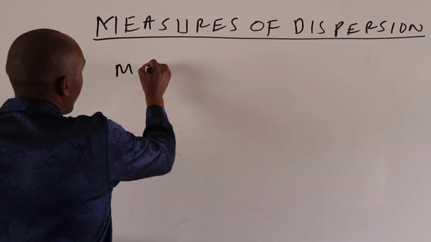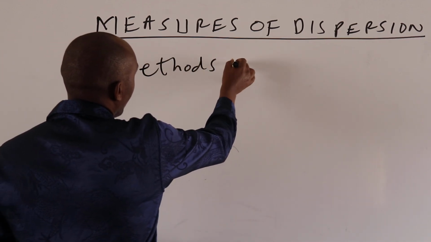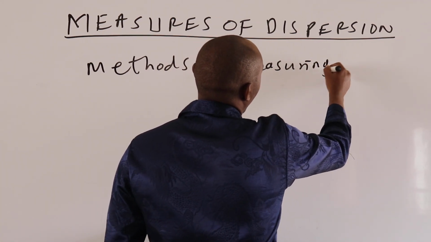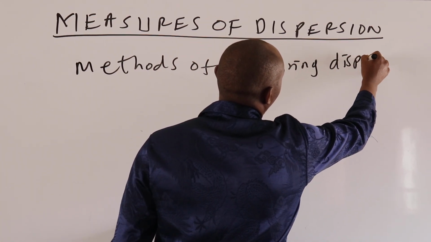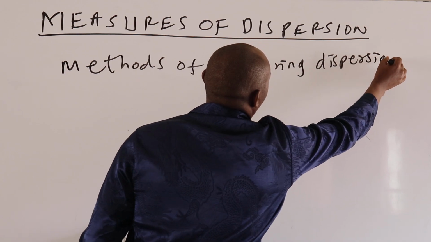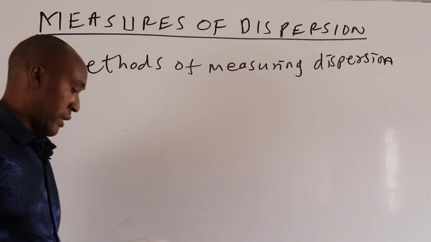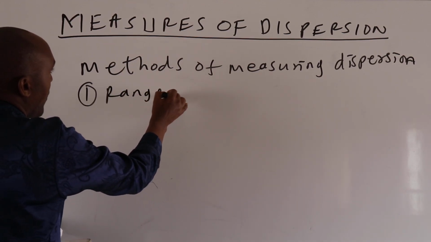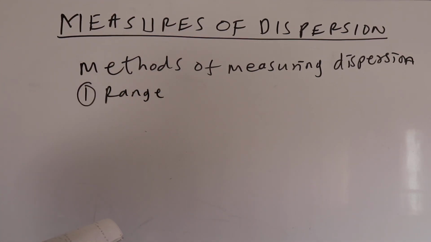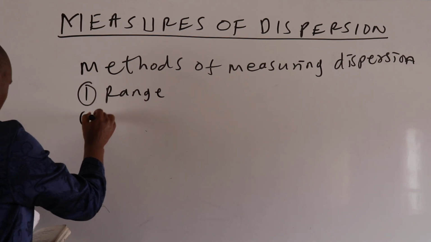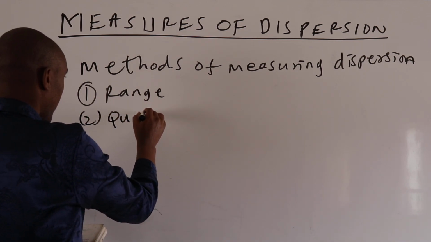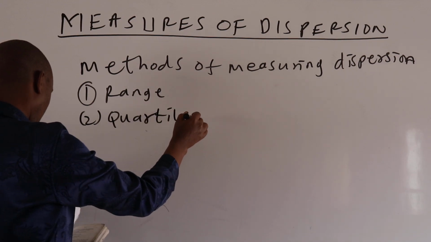Methods of measuring dispersion. Number one, range. This is one of the methods you can use to measure dispersion. Number two, quartile deviation.